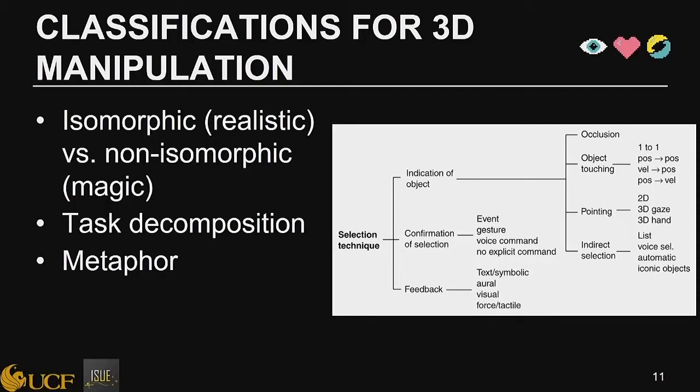Non-isomorphic is often considered magical, because we're changing that one-to-one mapping to be one to many or many to one, or changing the control to display ratio, such that moving a small amount with the physical device may have the virtual device move quite a bit, or vice versa.